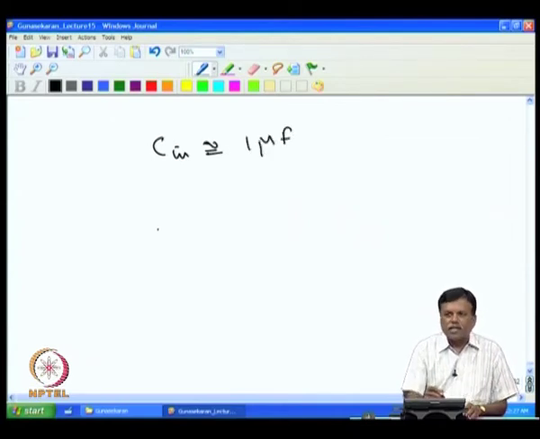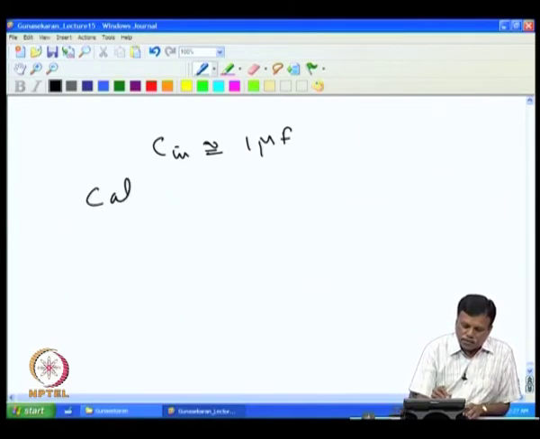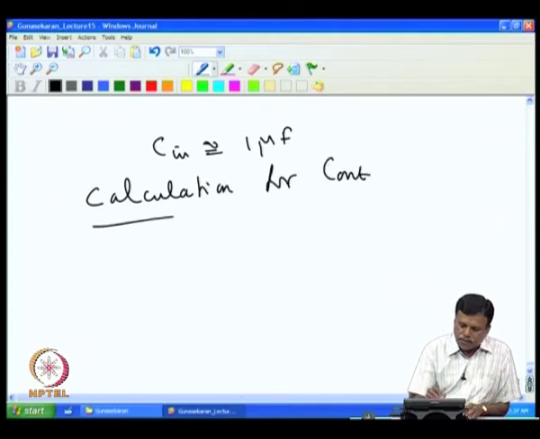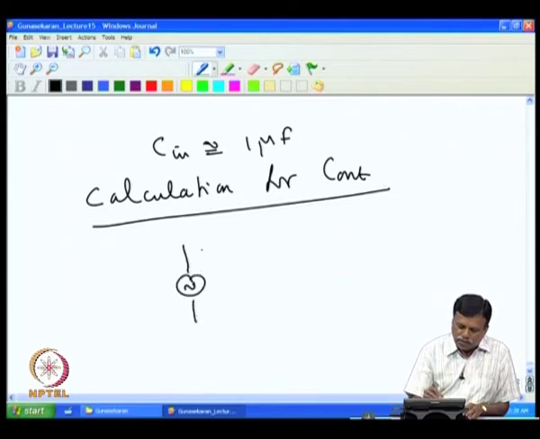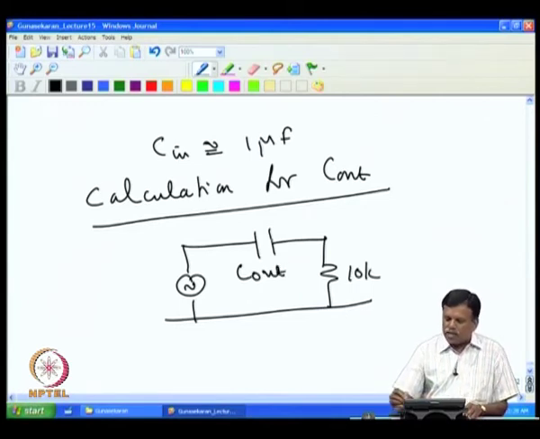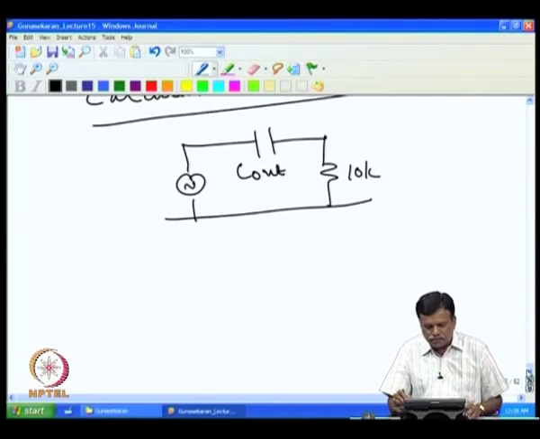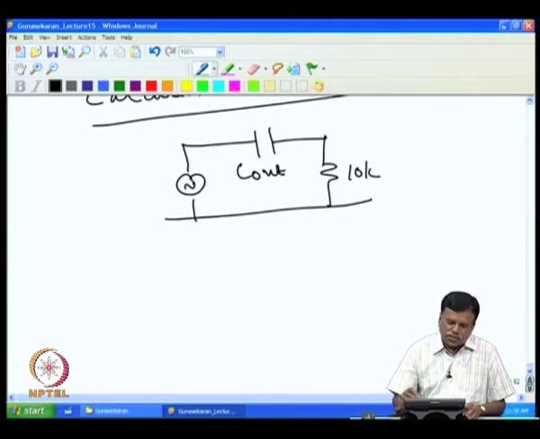Similarly, we have to calculate for C out. So, the calculation for C out. The equivalent circuit is that you have an output voltage passing through this C out and going to 10 K. So, C out impedance should be much smaller than 10 K. So, roughly C out is supposed to be 10 times lower.